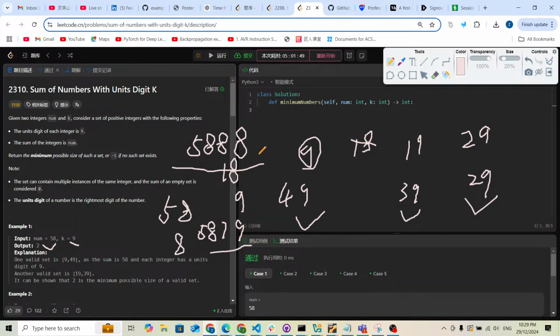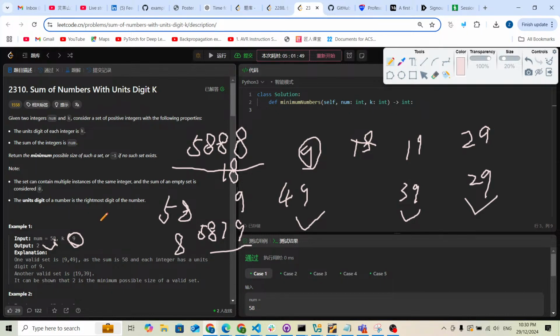So it doesn't matter how big this number is. What matters is the unit digit of the number, which is 8, and this number k. Only that matters. So this means we can solve this problem by brute force mathematics. We just check how many k's we need.